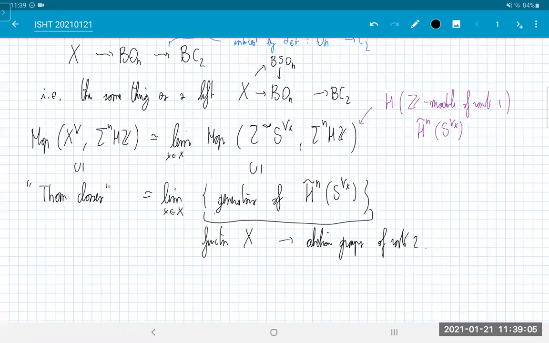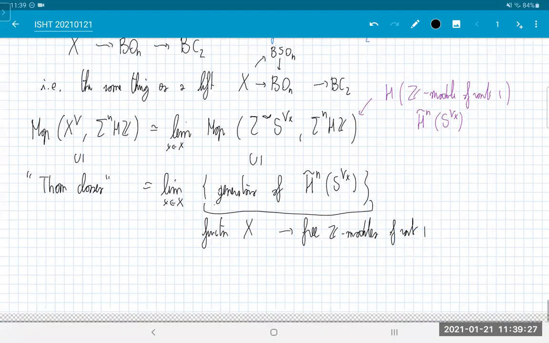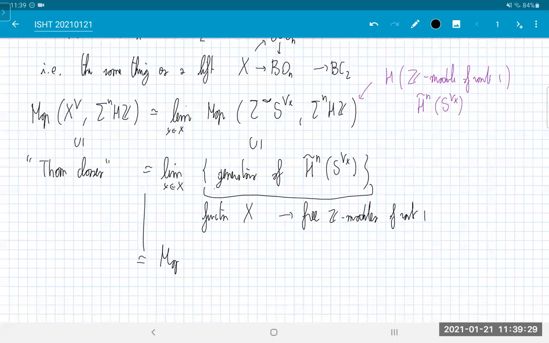No, what I want to say. No, not free rank modules. Free Z-modules of rank 1. Okay, let me see where I want to go, because the point is that this is the same thing as a map from X to BC2.